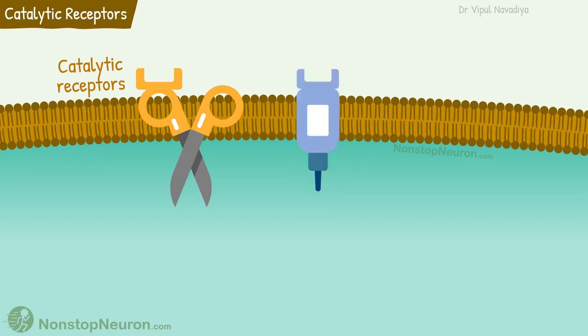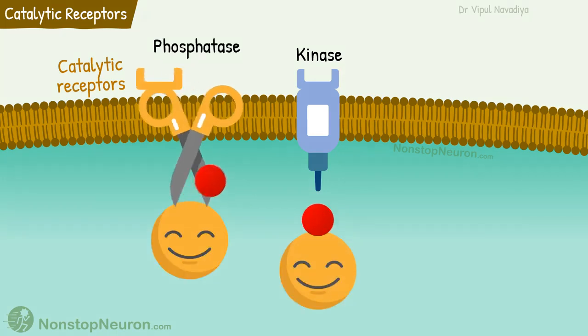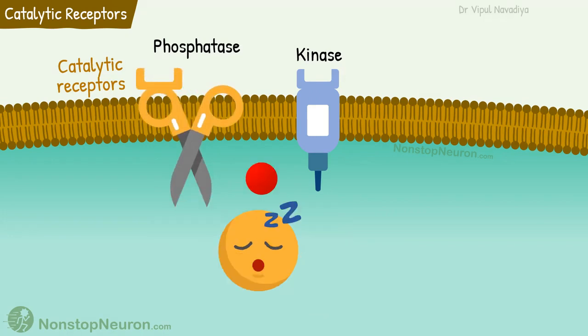Such receptors catalyze a wide range of reactions, but mostly the catalytic activity is kinase, which adds a phosphate group to substrate, or phosphatase, which removes the phosphate group. This addition or removal of phosphate group works like a switch that activates or inactivates the substrate protein. So this was about catalytic receptors.